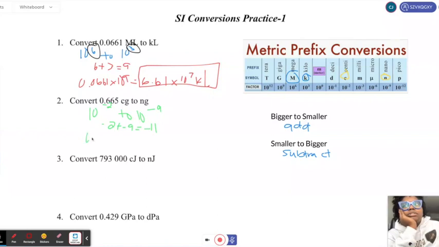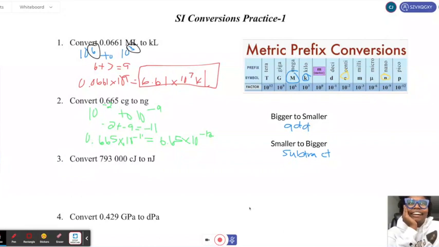So we're going to do 0.665 times 10 to the -11. And when we put that in our calculator, it's going to give us 6.65 times 10 to the -12.